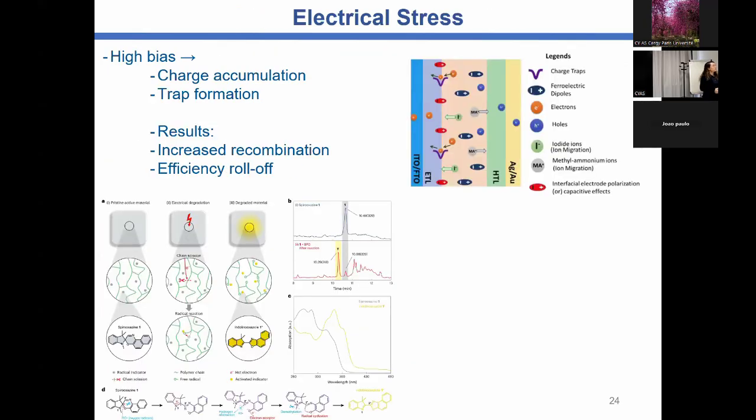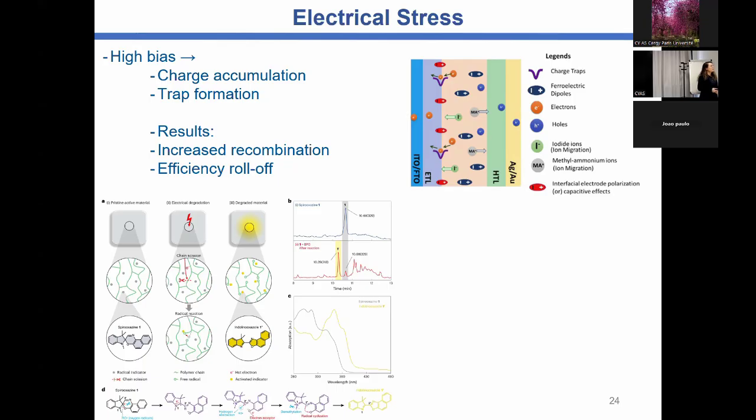The electrical stress that we discussed is not just regarding organics, but also every electronic device. Here I put one example of the perovskite, and here is one example of the organics. So the high bias, in terms of application, can cause charge accumulation and also induce trap formation.